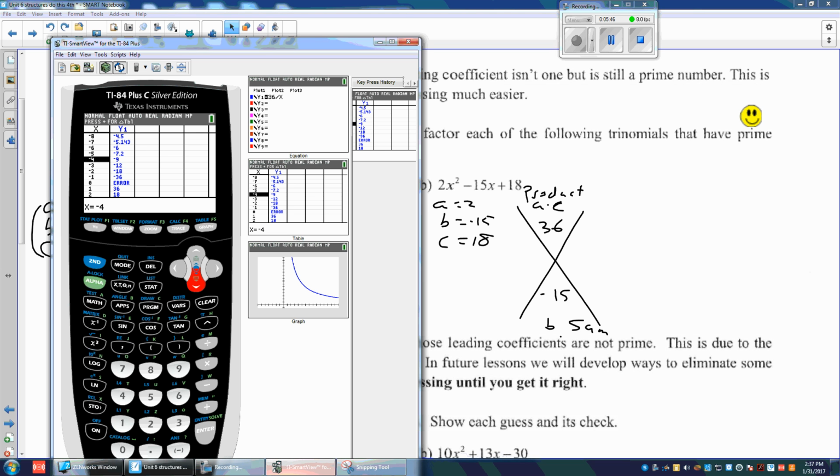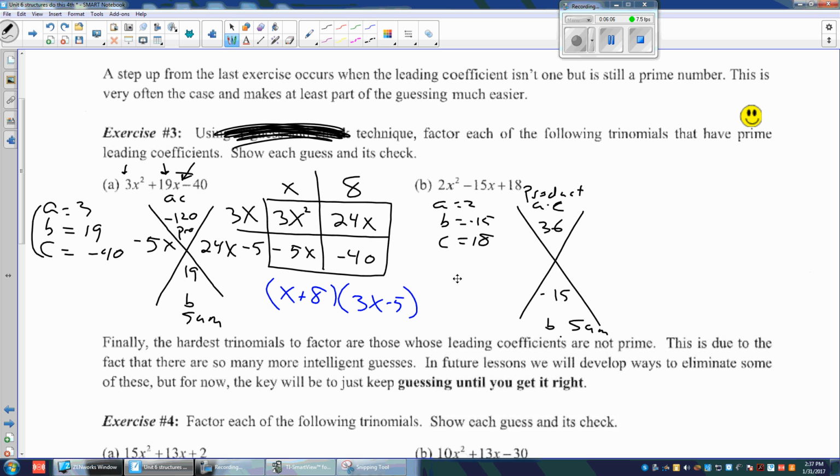We grab our calculators. If you don't know what it is, you hit y equals. We do 36 divided by x. We look at our table and we see that it is negative 3 and negative 12. Negative 3x, negative 12x.